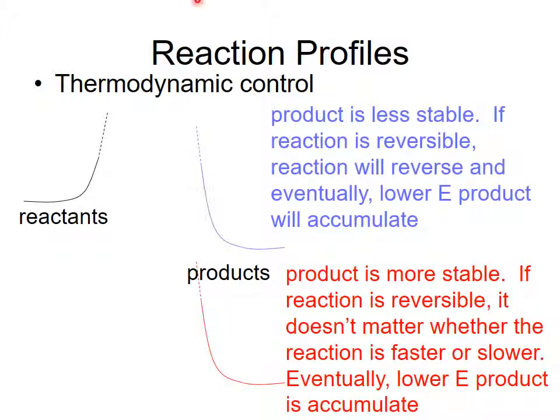It's too high a jump up to that transition state. So if you have the temperature higher, this reaction goes quickly, but then it reverses too. And then eventually the high energy transition state is breached, and you start making product with a lower energy.